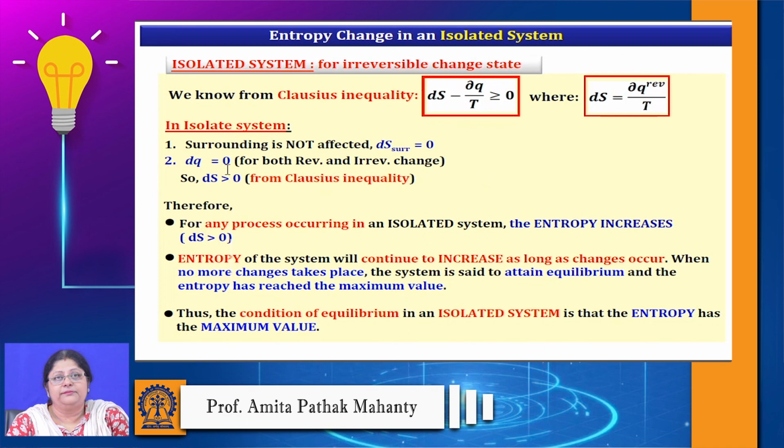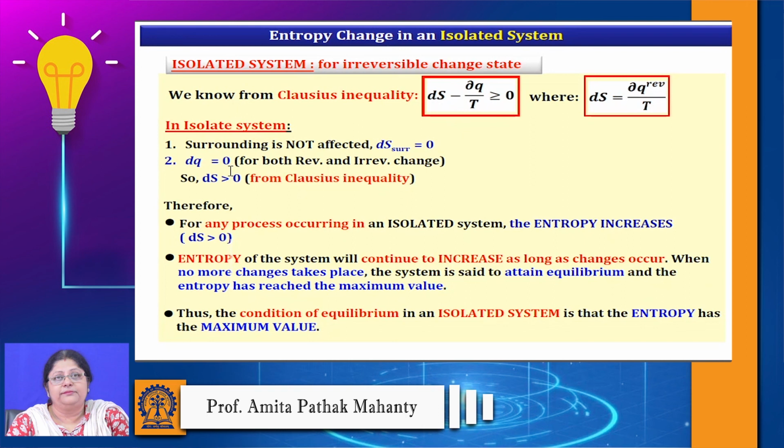For an isolated system, dq is equal to 0, for both reversible and irreversible change. For an isolated process, you do not have any heat exchange, right? Please understand what I'm trying to say. These are all written in the slide, and me reading through it doesn't make any sense. dq is equal to 0 for any process which is isolated. For any process, the heat exchange between the system and surroundings for an isolated system is supposed to be 0. How do you compute the entropy?